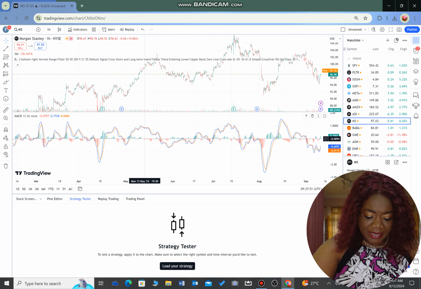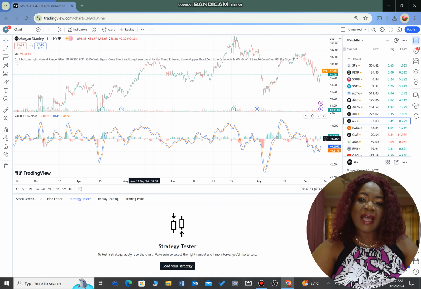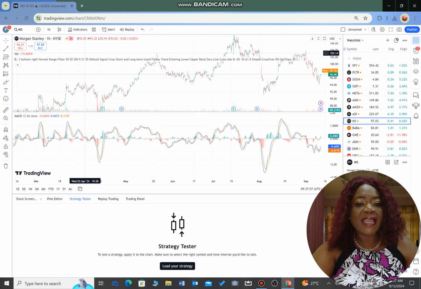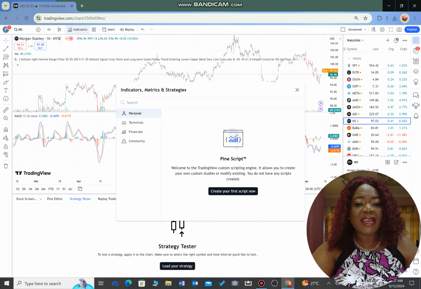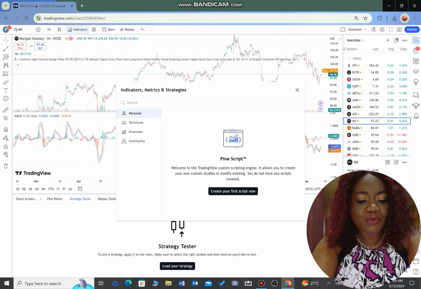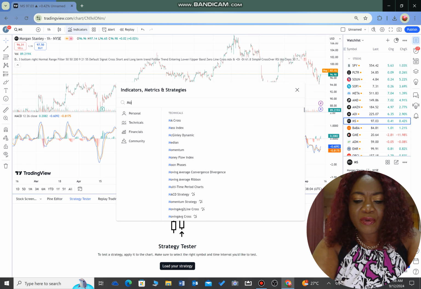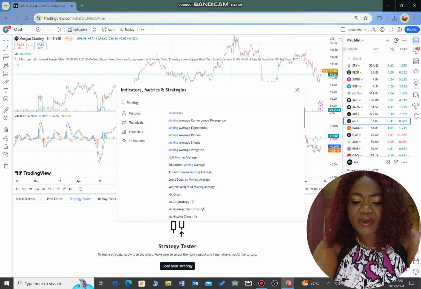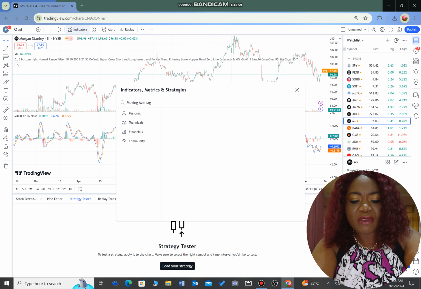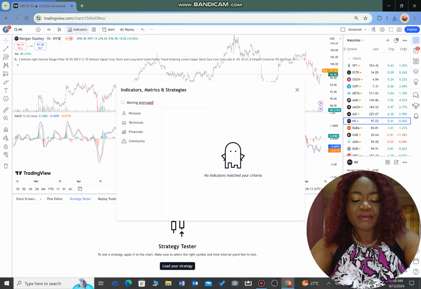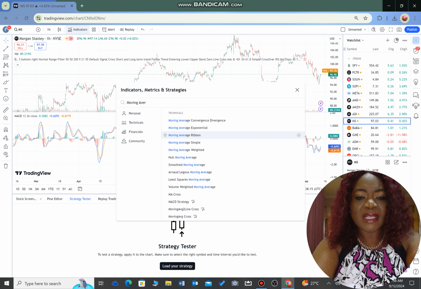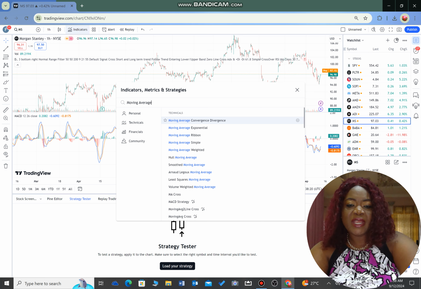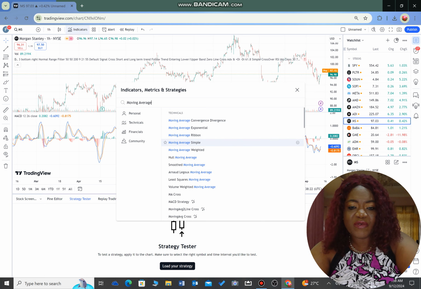The other one I want us to look at is the moving averages. We can equally get that one by going to the TradingView window and typing in moving average. What will come up is either the simple or exponential. This is moving average simple.